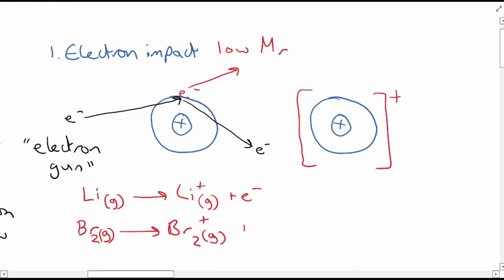It's going to be Br2+ and an electron. If I was to choose something even stranger, it would still do the same thing. The whole thing would become a +1 ion. It's always gaseous, it's always +1. So for low Mr things like elements, we're going to use electron impact, the electron gun, to create these positive ions.